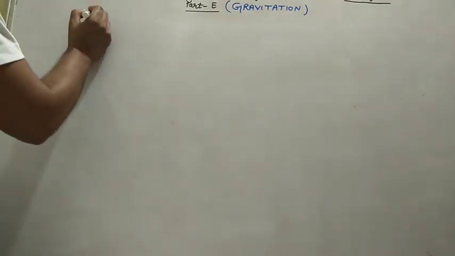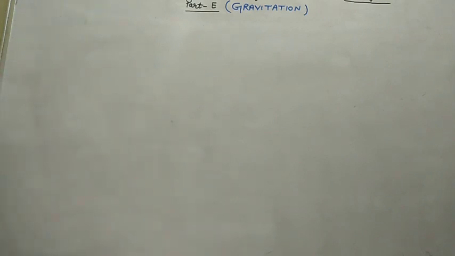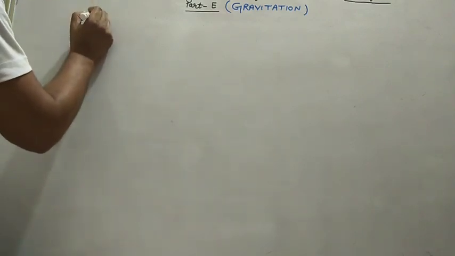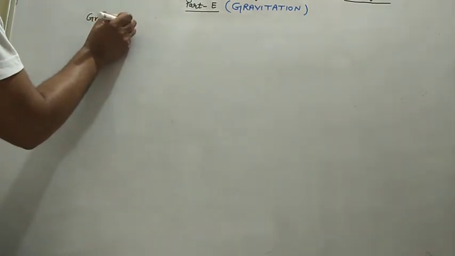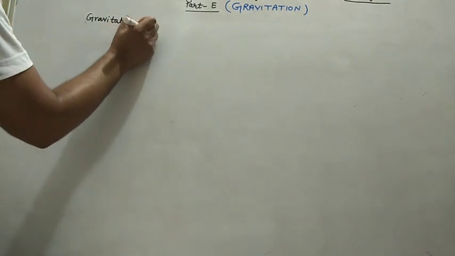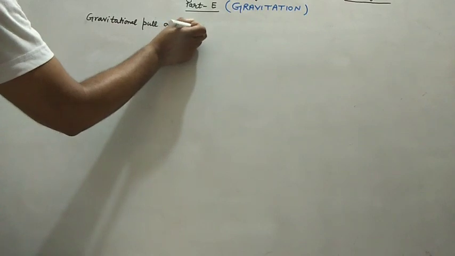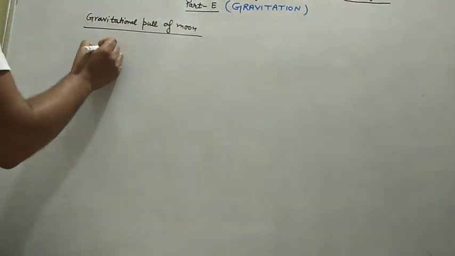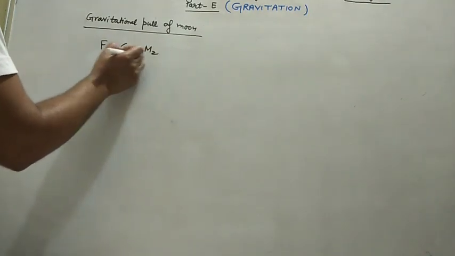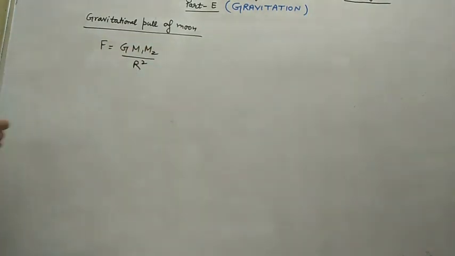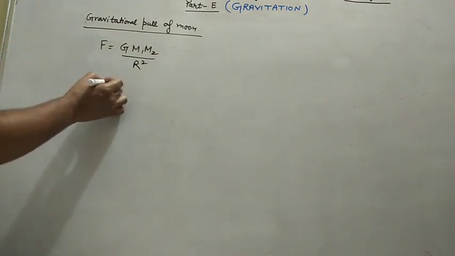Now there is a comparison of gravity of earth with moon. So now we'll try to get the gravitational pull of moon. For that also you will use the same formula, G m1 m2 upon r square.